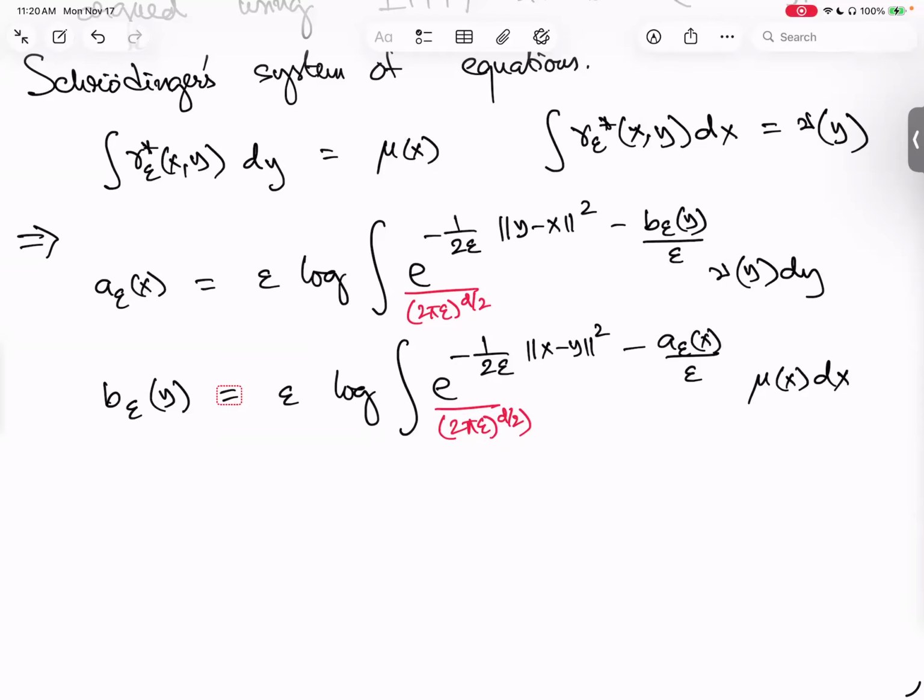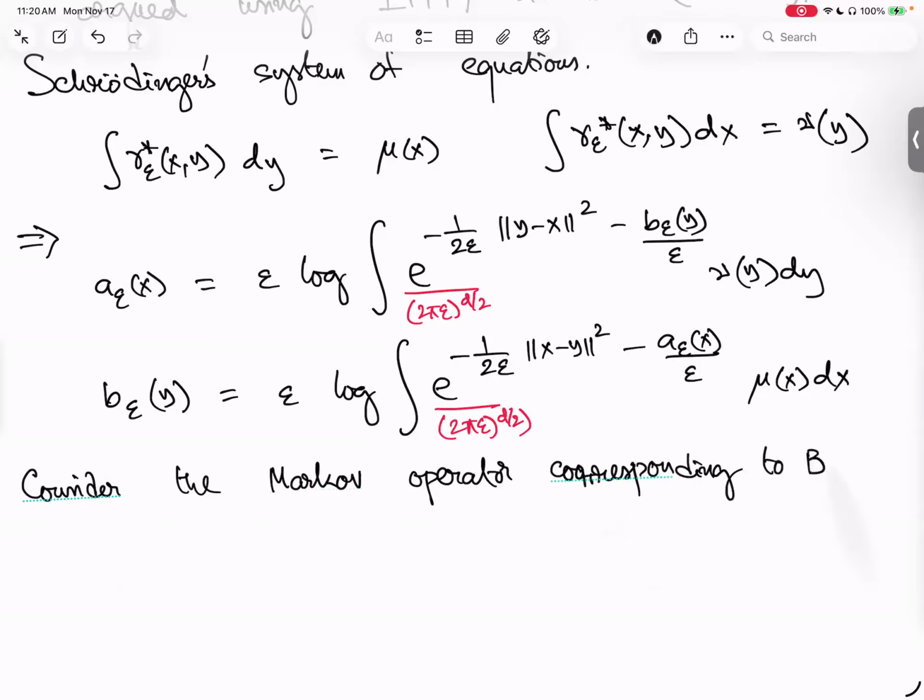So consider the Markov operator corresponding to Brownian motion. So what do I mean by this? This is very simple.